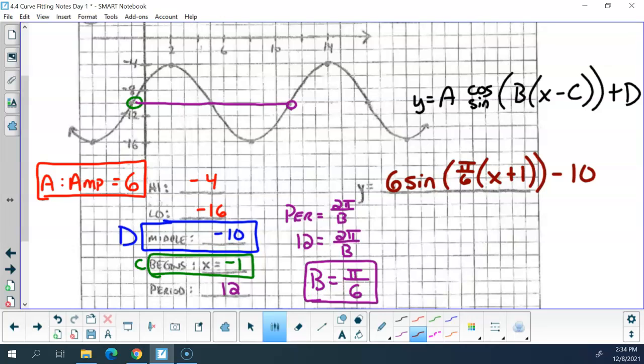Okay. Now, let's go with Joe's. Joe said we could have started at 5. Right? So we could have gone negative 6 sine pi over 6 x minus 5 and minus 10.